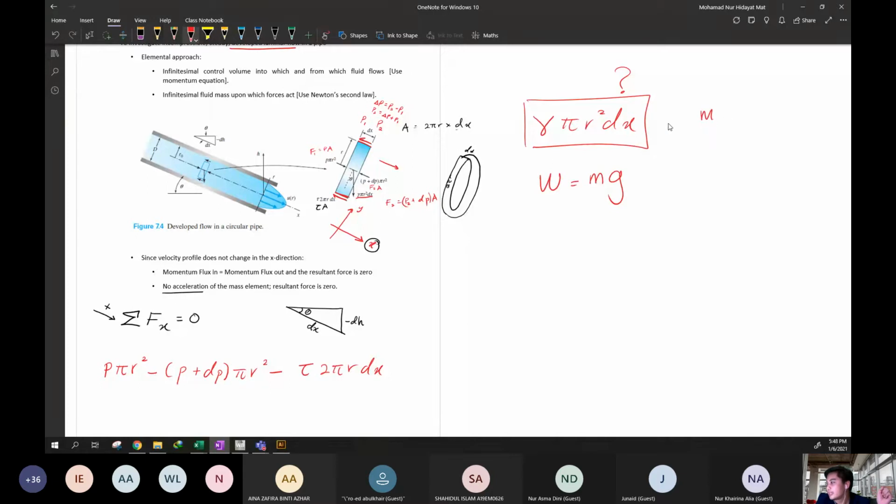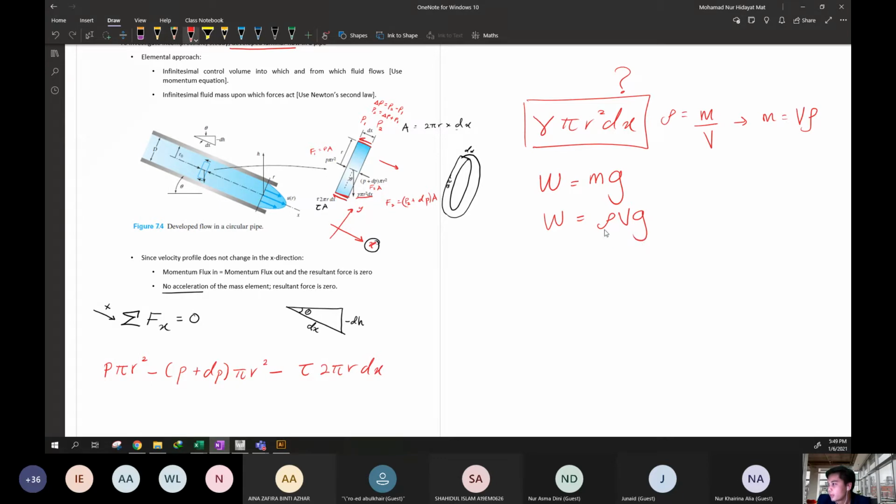Density equals mass over volume, so mass is the volume multiplied with rho. So we can replace the mass with rho V, so weight is equal to rho Vg. I believe I explained this during the buoyancy force.